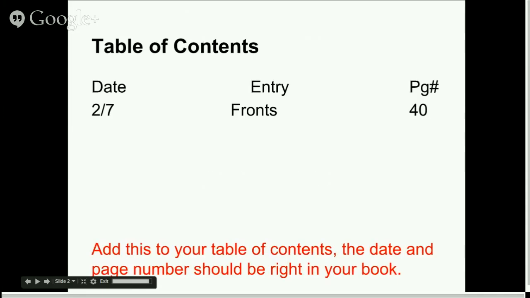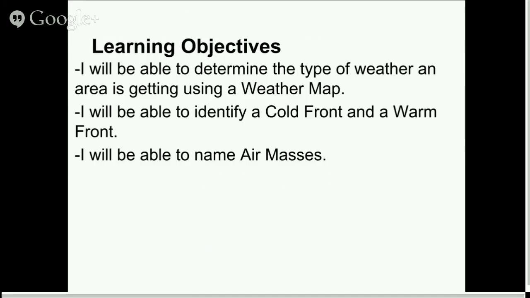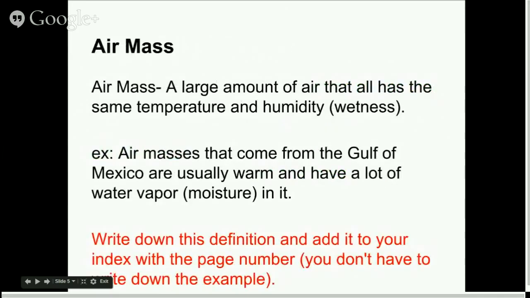Let's get started. Add this to your table of contents. Go ahead and pause it. All right, we're going to learn about weather, and you'll hopefully be able to read a weather map a little bit. We'll talk about cold fronts and warm fronts and be able to name air masses.